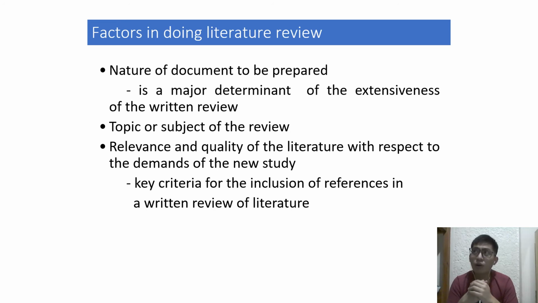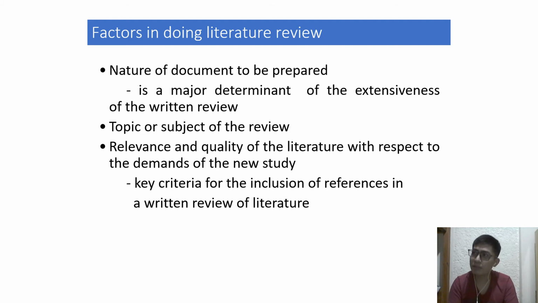So it is more on we do research first from the global perspective until, if you can reach your city level, that's very good for you to have comparison of analysis and topic or subject of the review. So in the literature search, you should be specific.